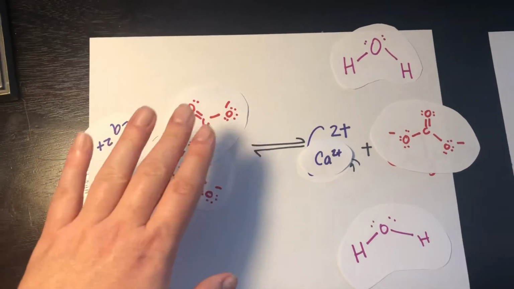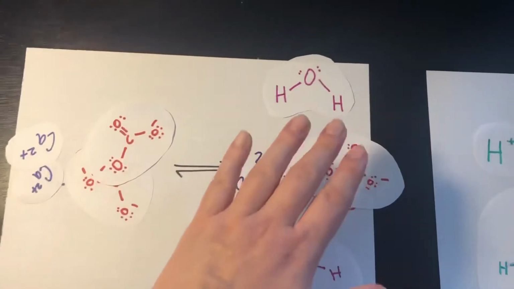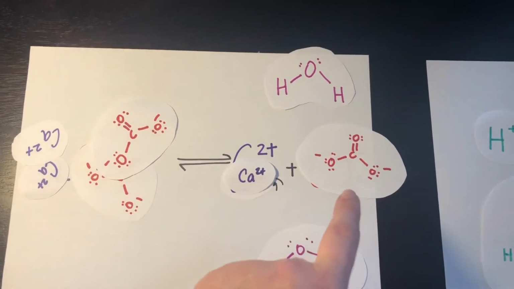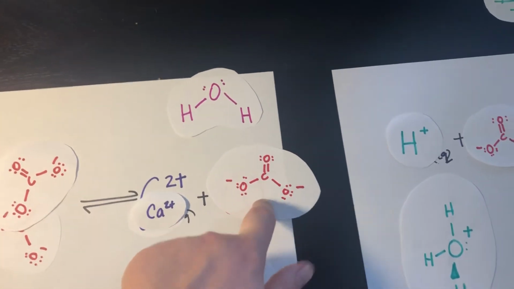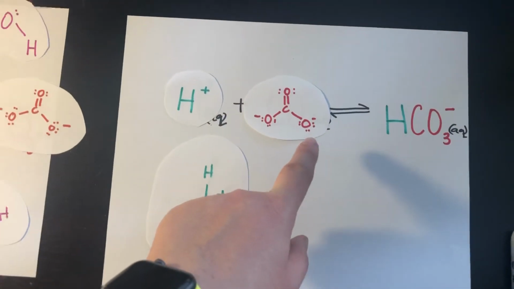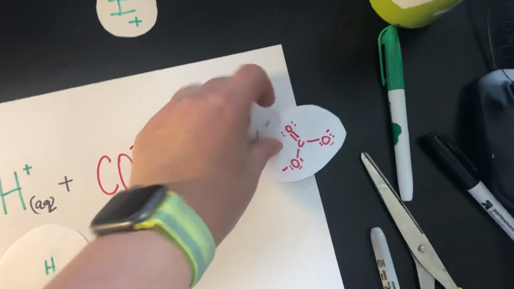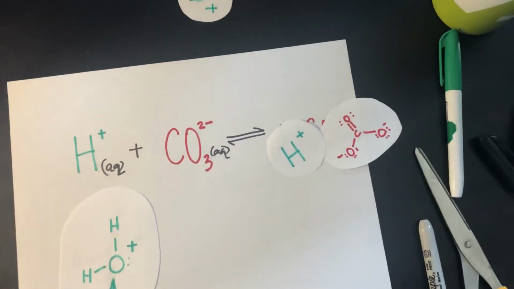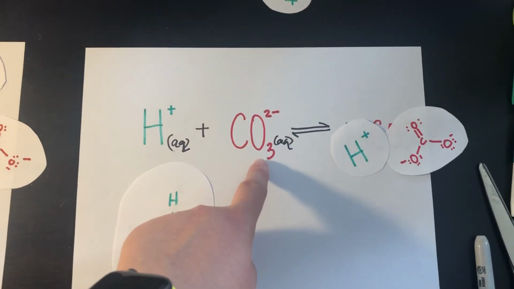I've increased the solubility because I had to shift some of these ions to the product side in order to fill this hole that was formed as this carbonate anion went over here to this second equilibrium, where the proton and the carbonate make the conjugate acid of this conjugate base.